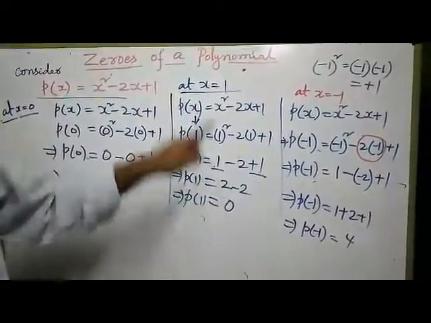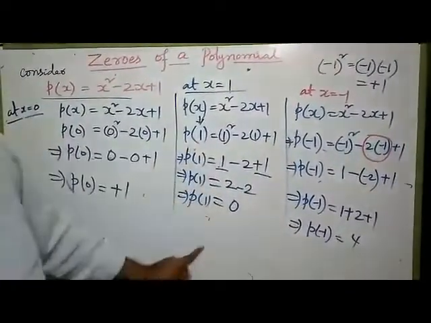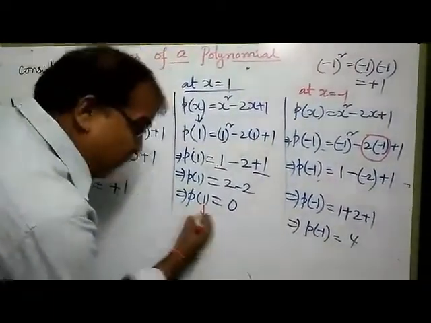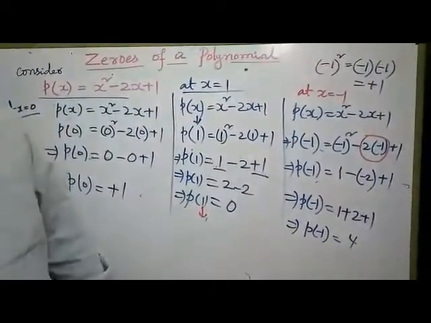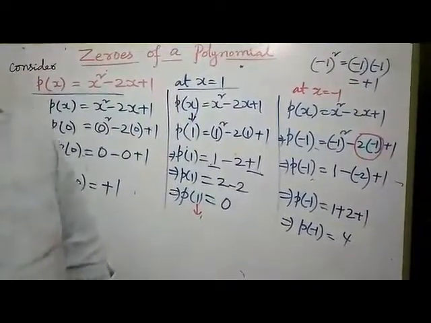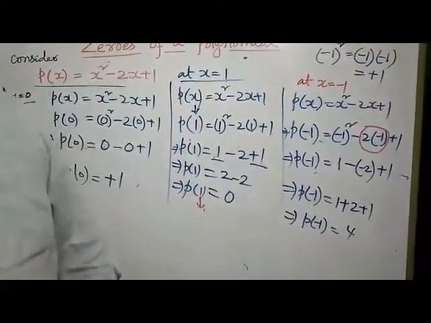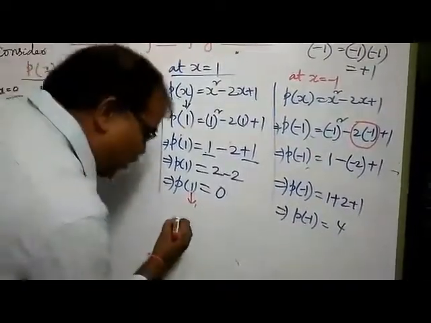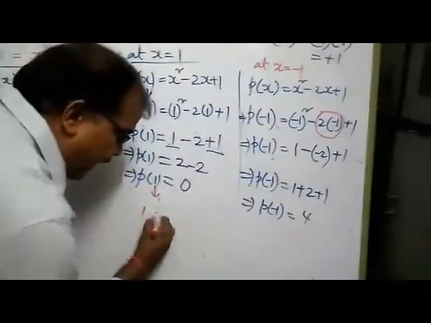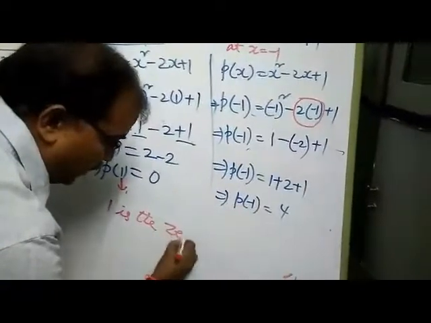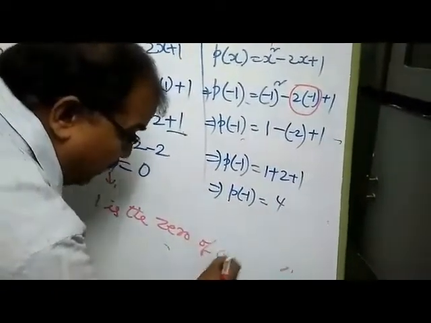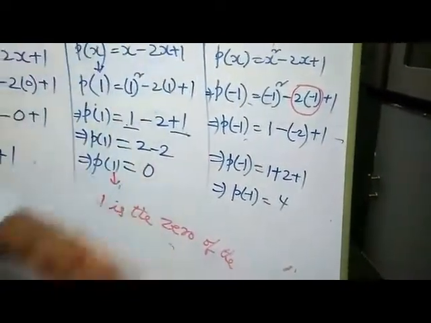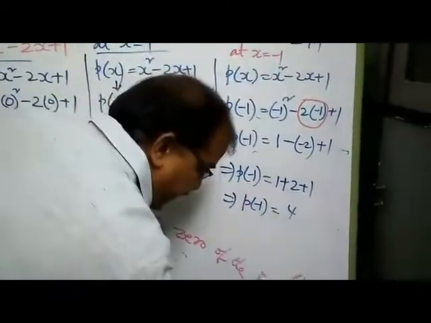If we get P of 1 is equal to 0, then this 1 is specially called a zero of the polynomial, or root of the polynomial, or solution of the polynomial. Therefore, 1 is the zero of the polynomial. Zero polynomial is different. Zero of the polynomial is different.